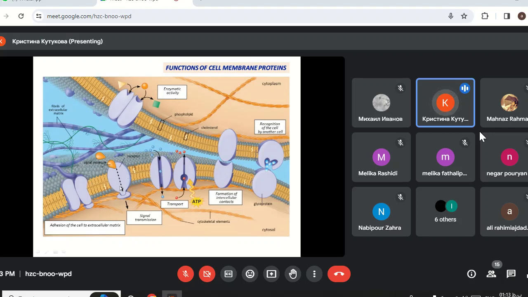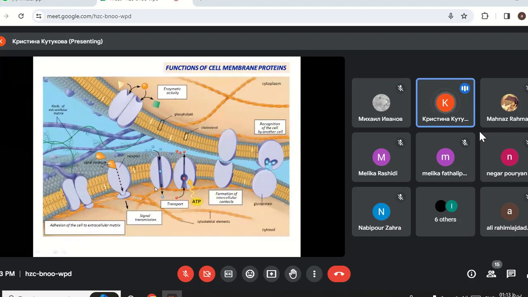Second function is signal transmission. In this case, this protein is the receptor. And the ligand for a receptor, the signal molecule, can attach to this receptor, and it will cause a change of some function of the cell.